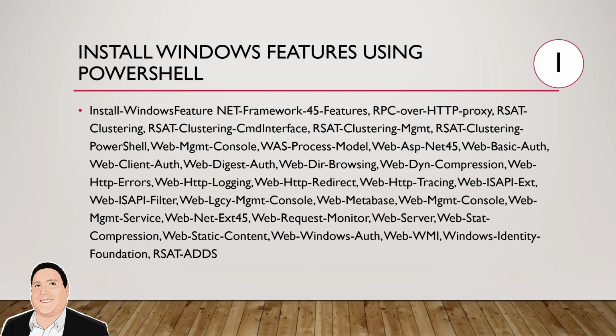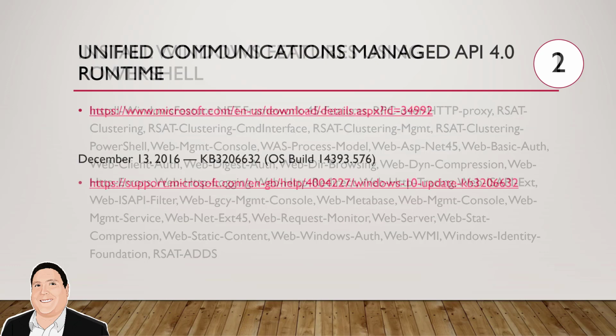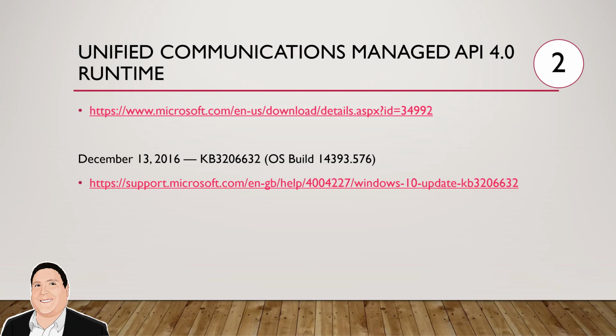So what we'll be using is this PowerShell set of commands to install the prerequisites required for Exchange 2016 on Windows 2016. I'll include these in the comments below. Then we'll install the Unified Communications Managed API runtime from the link shown on screen.